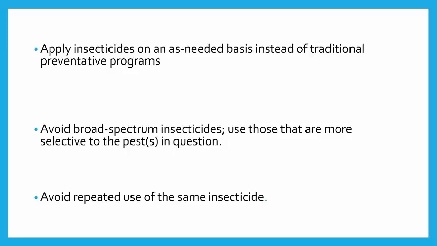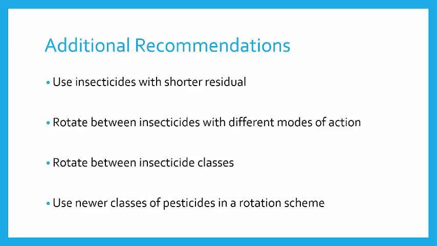Protect beneficial insects to elicit their help in controlling pests. Avoid repeated use of the same insecticide. Use insecticides with shorter residual. Rotate between insecticides with different modes of action. Rotate between insecticide classes. Use newer classes of pesticides in a rotation scheme.